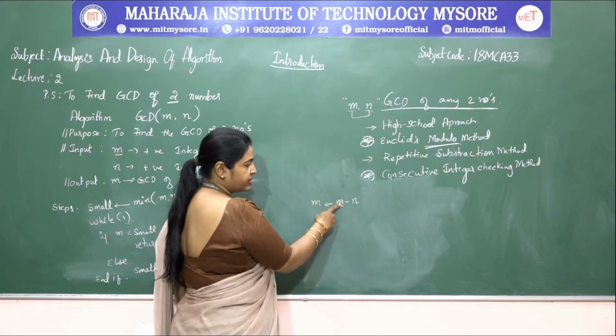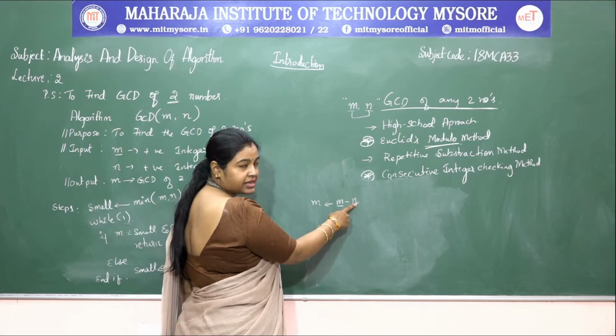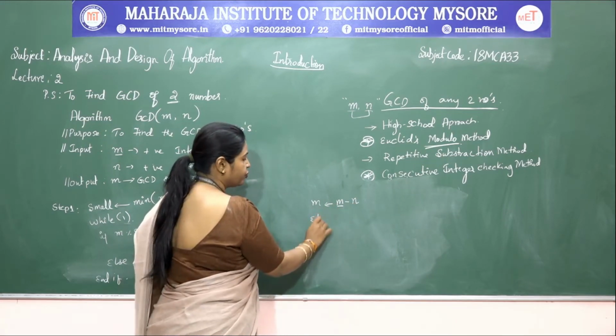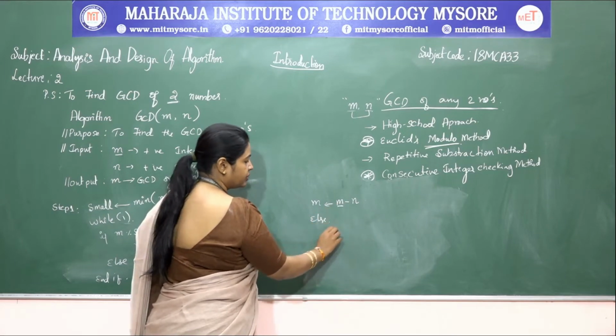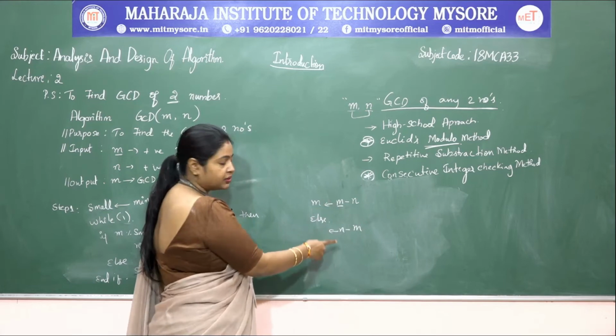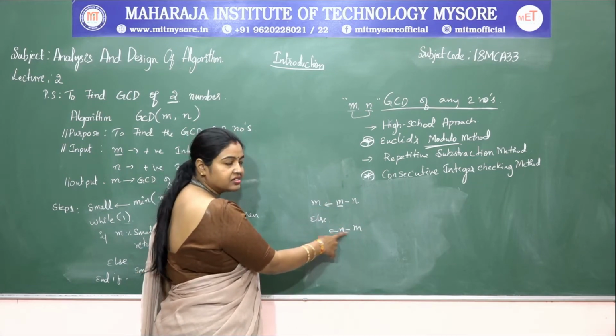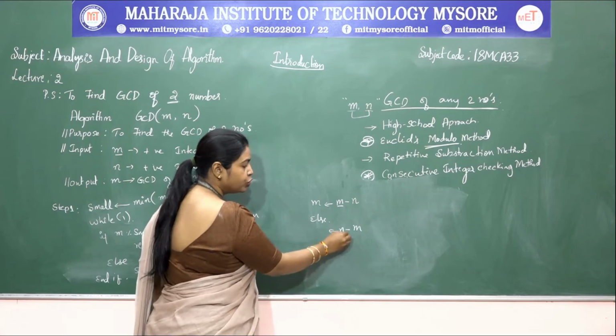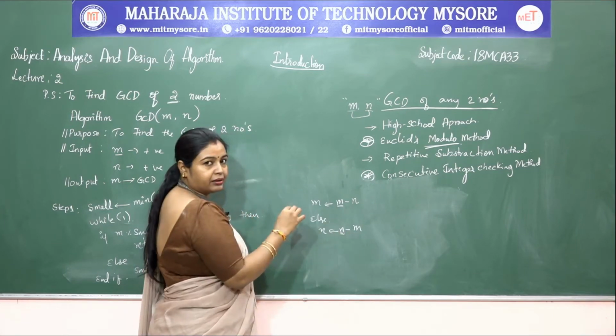If the first number is greater than the second number, we need to perform this operation. Else, we need to subtract the first number from the second number if the second number is larger than the first number. The resultant value should be stored in the second number.